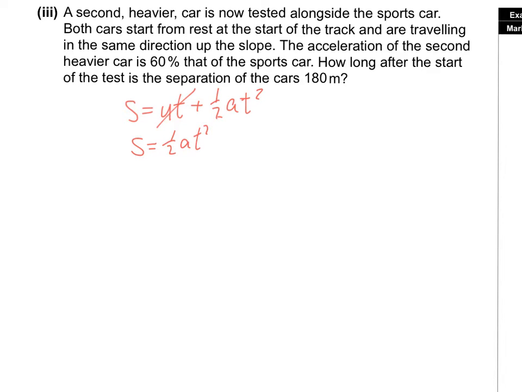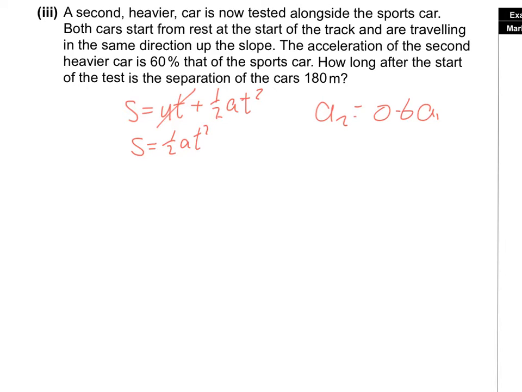It's also worth recognizing that we've got two accelerations now. We've got the original acceleration, and we've got a second acceleration, which is 60% of the first one. So we can say the second acceleration, a2 here, is 0.6 of a1. So we can write an expression for the difference in s's, since s1 will equal a half a1 t squared and s2 will equal a half a2 t squared.